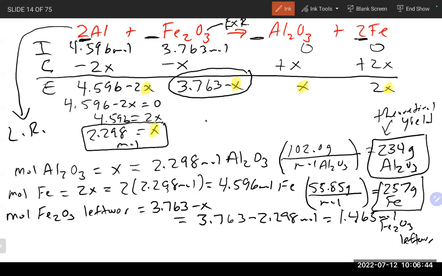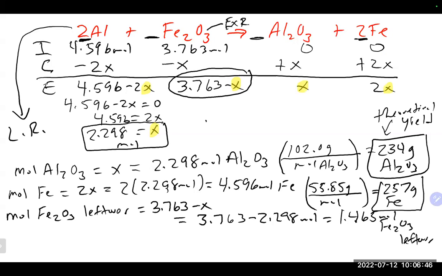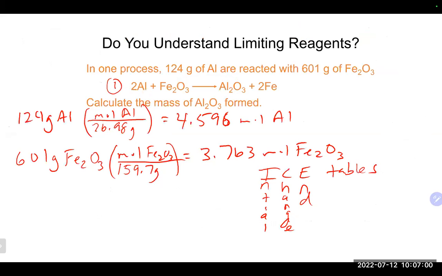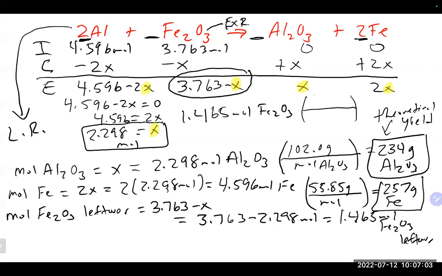So by putting it back into there, I had 1.465 moles of my iron 3 oxide left over, which obviously I can multiply by the molar mass that we had earlier for that, which was 159.7. And I would see that I had about 234 grams left over.